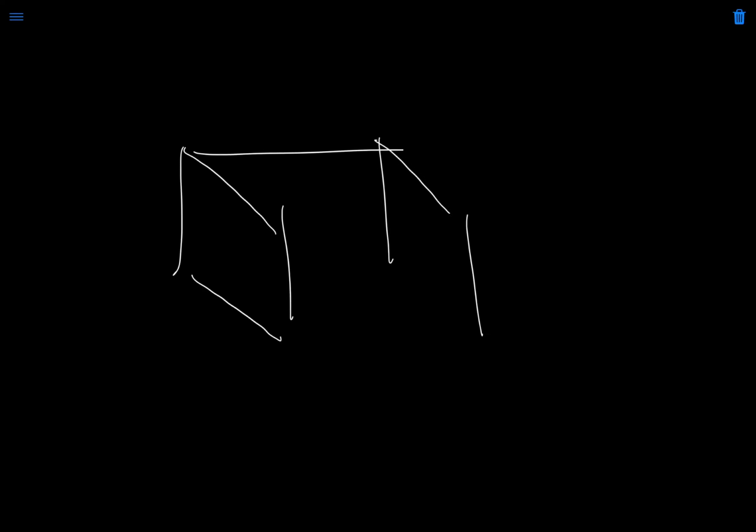For example, we have a cube with a positive charge inside it. We can actually solve using Gauss's law. Since this is an enclosed figure, the electric flux will be Q all over epsilon naught.